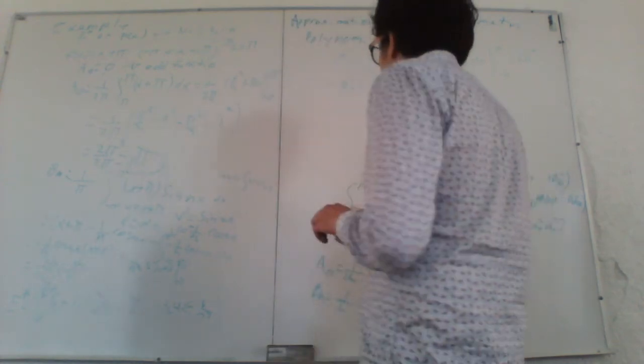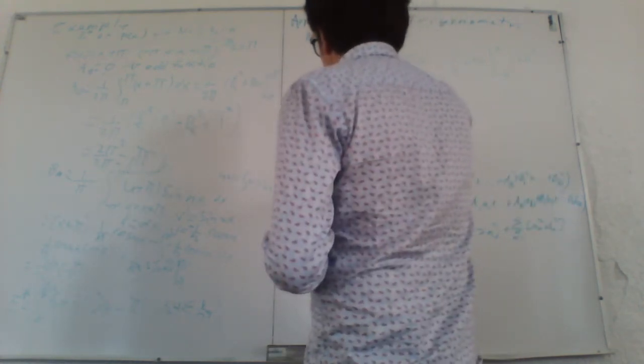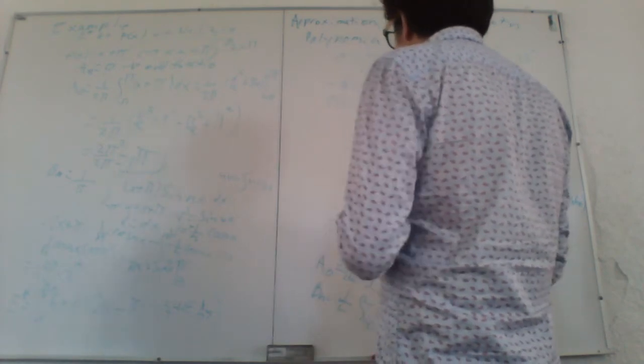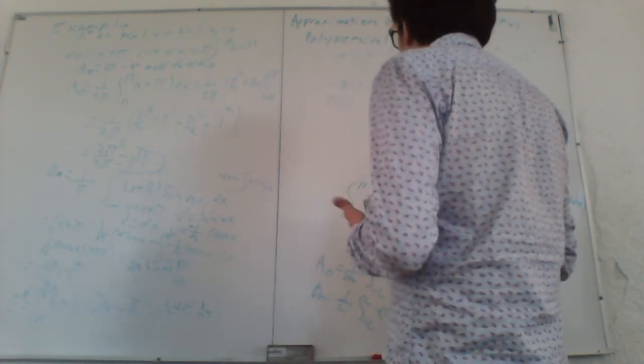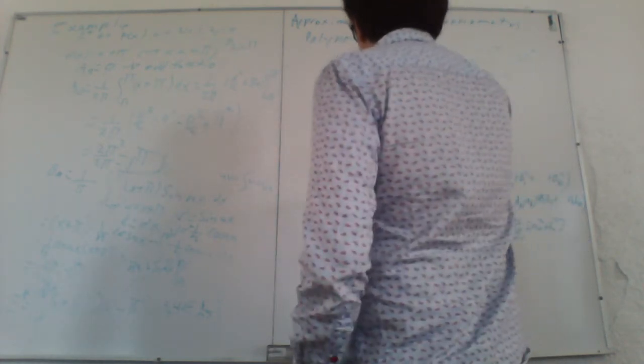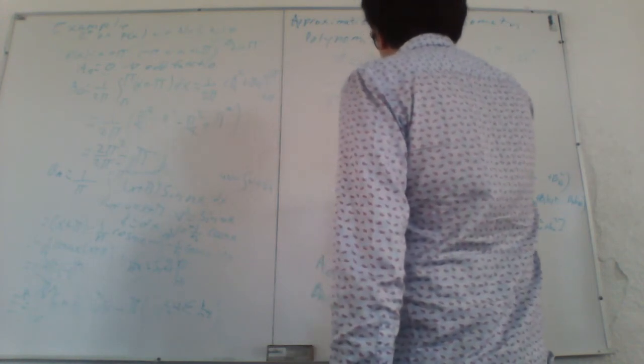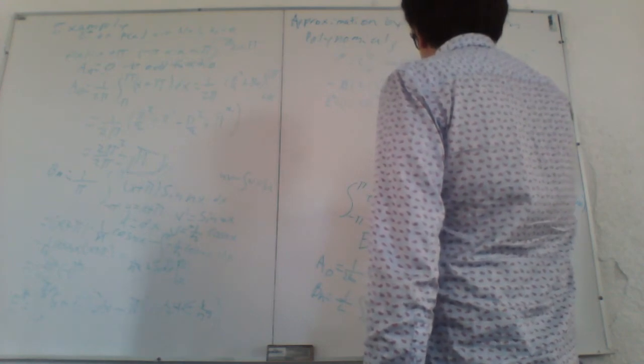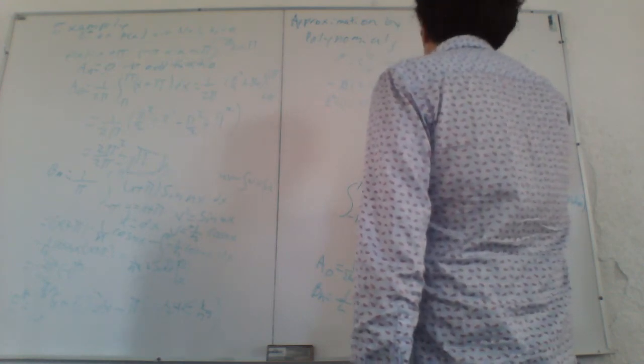Okay? If we want to take n equal to 1, we have 2 pi squared minus pi times 2 pi squared plus 4 over 1. That is 4. Okay.